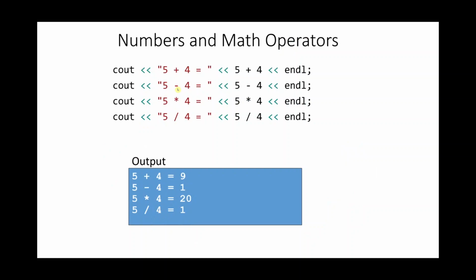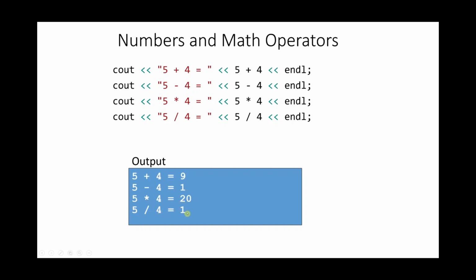Okay, let's play with numbers, with math operations. We have addition, subtraction, multiplication and division. When you try those they are going to give you 9, 1, 20, and 1. 5 plus 4 is 9, 5 minus 4 is 1, 5 times 4 equals 20, 5 divided by 4 equals 1.